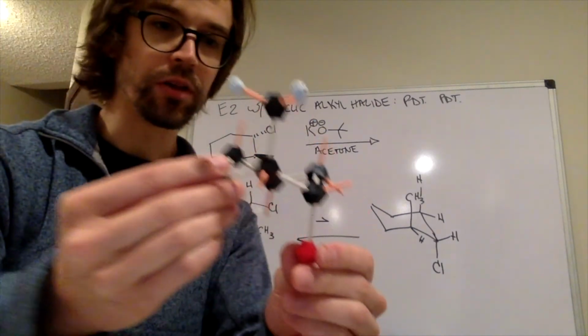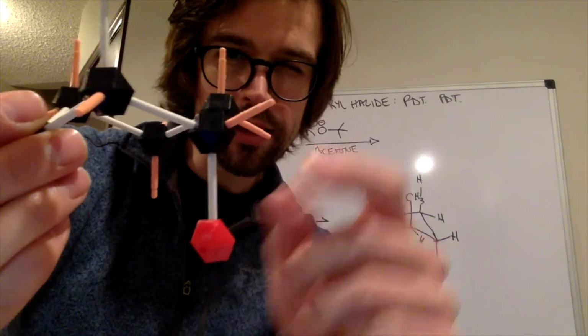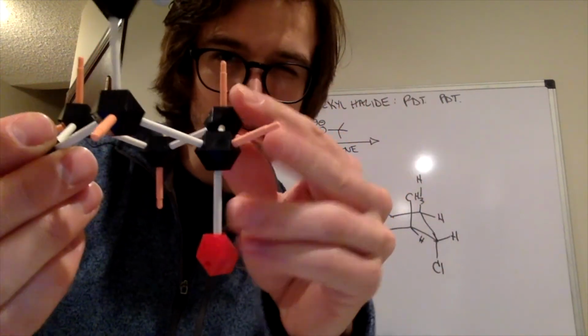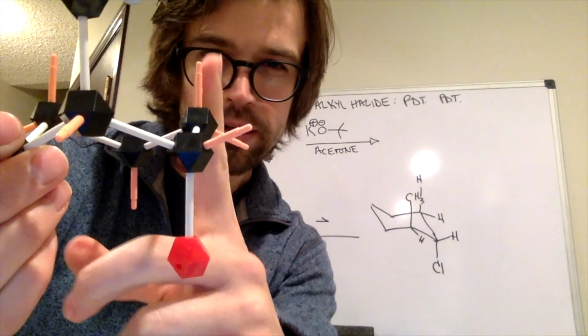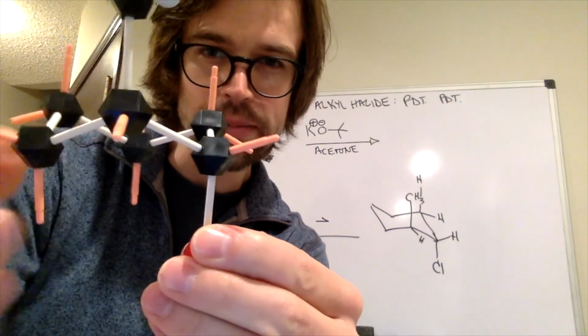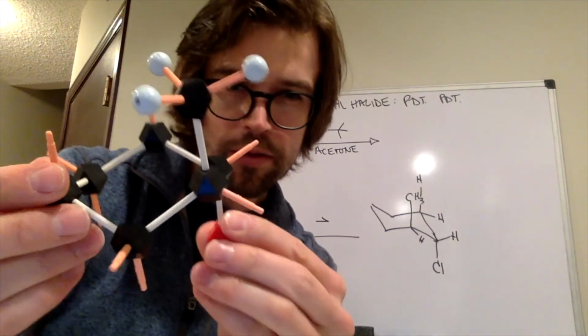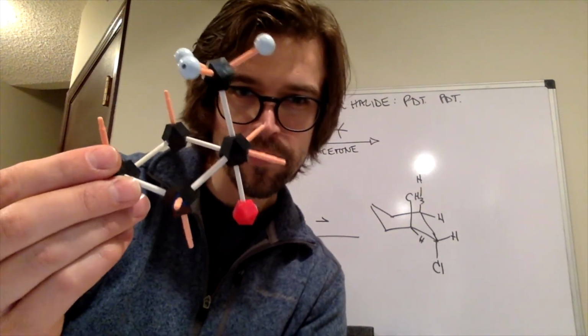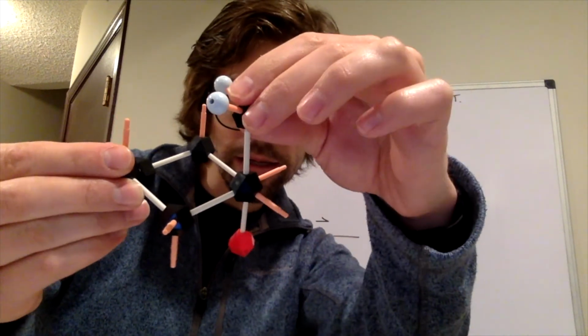Well, if we look right down that bond, we see that this hydrogen here is antiperiplanar to that chlorine. What else might be antiperiplanar? Well, again, we can just kind of look over here. And the other thing that's antiperiplanar is, again, not a hydrogen, but is a CH3.